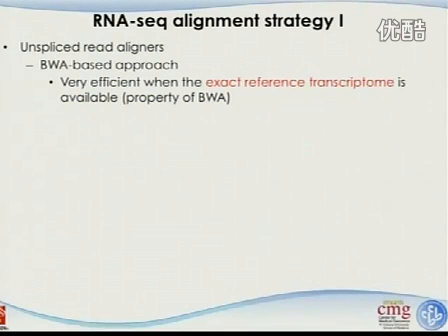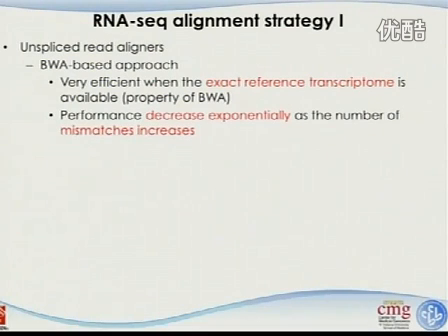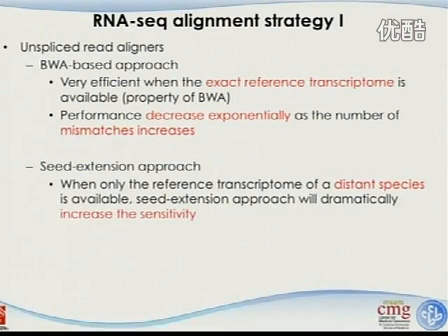But the point is, once you have more variations in your query against the reference, the alignment efficiency of BWA or Bowtie decreases dramatically. Most of these algorithms will only allow 2 mismatches. If you have more than that, they have a hard time, and performance decreases exponentially as the number of mismatches increases.